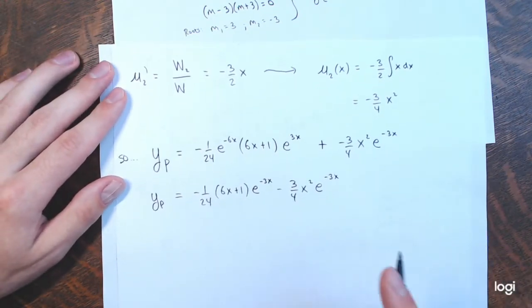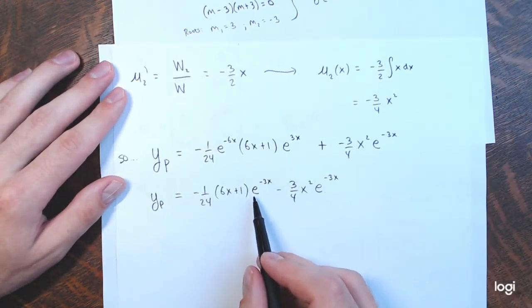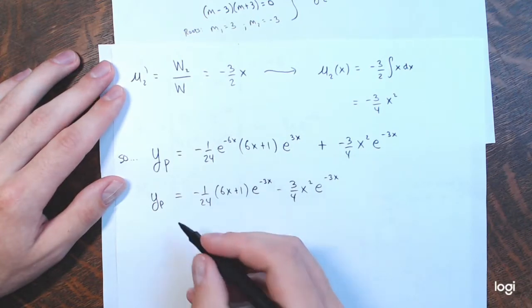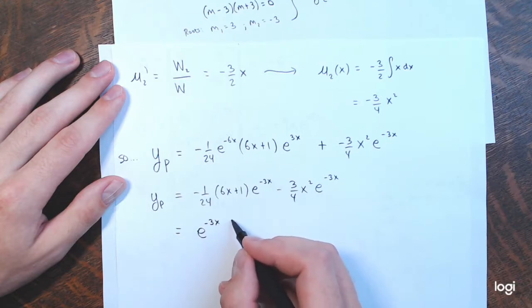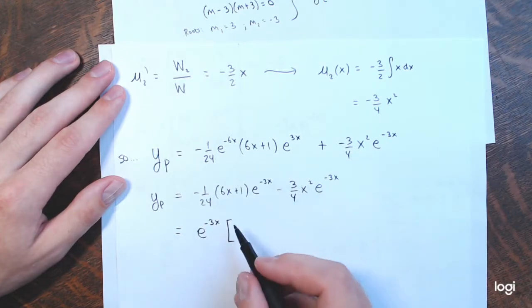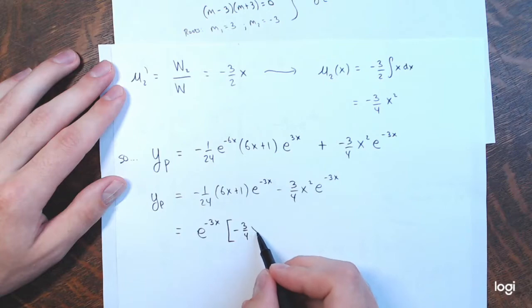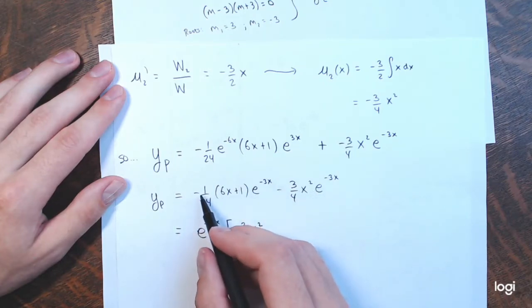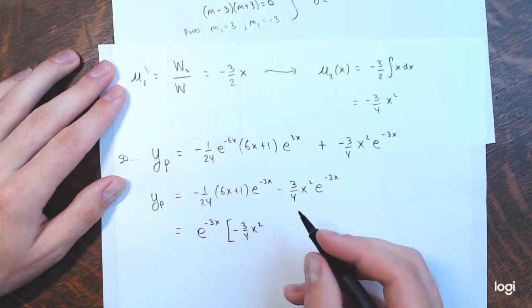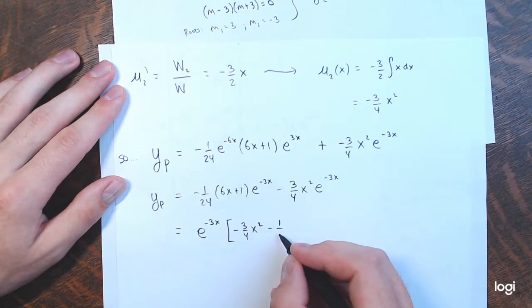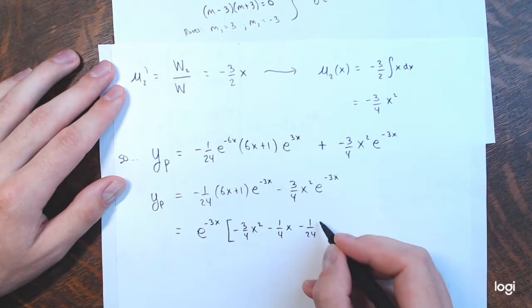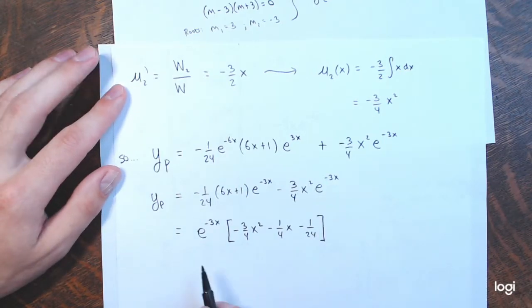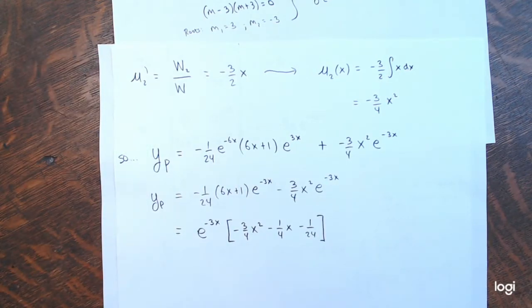And I guess if I wanted to, I could factor out e to the negative 3x from both of these and be left with some quadratic. You'd have negative 3/4 x squared from this term, and then distributing the negative 1/24th here would be minus 1/4 x minus 1/24th. And there's a nice way if you want to write that particular solution.